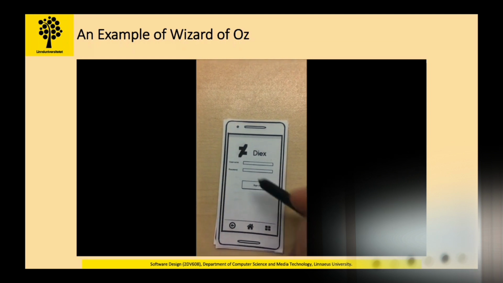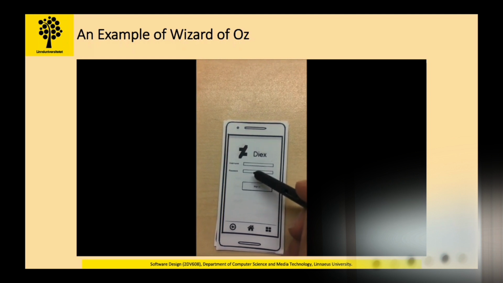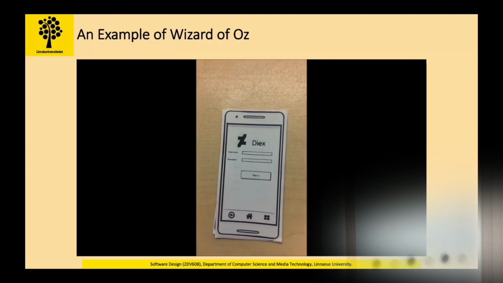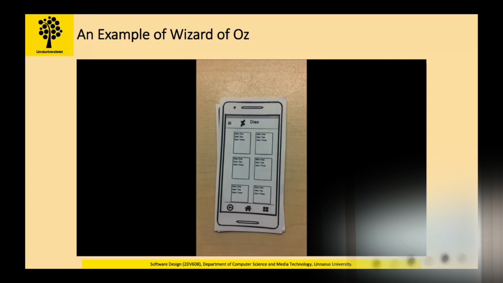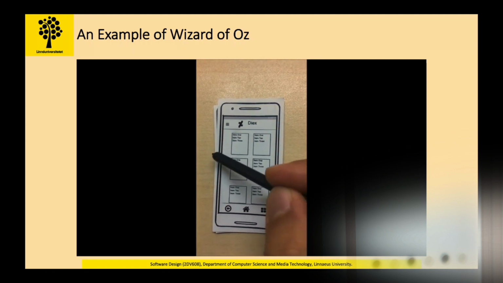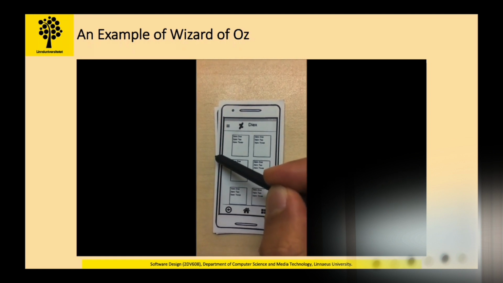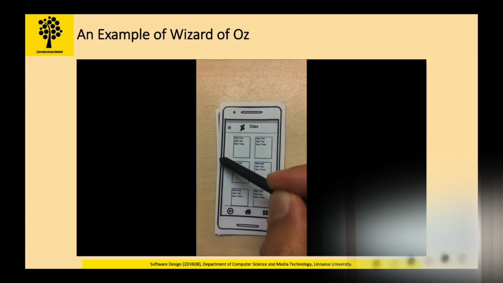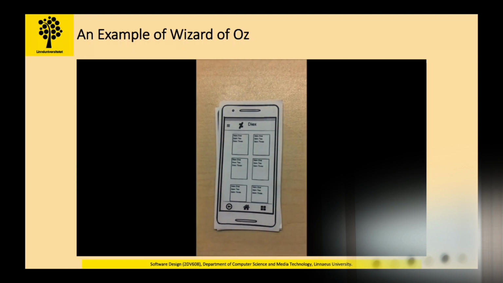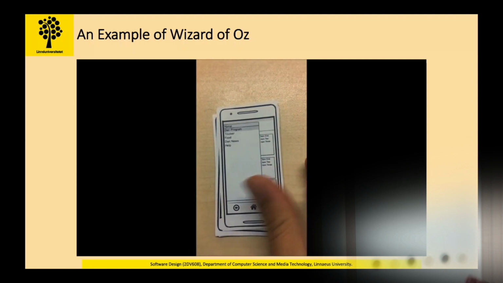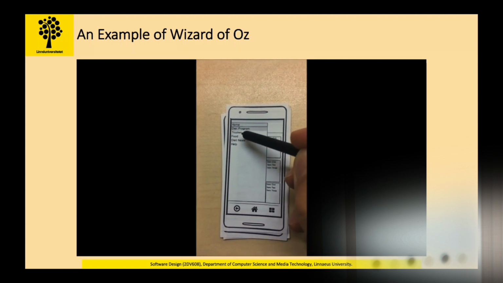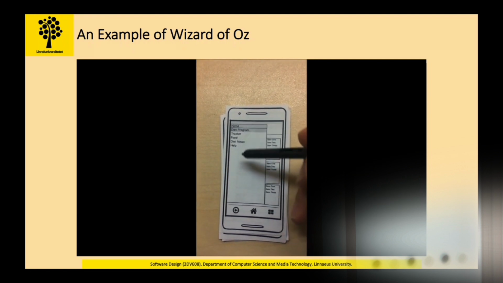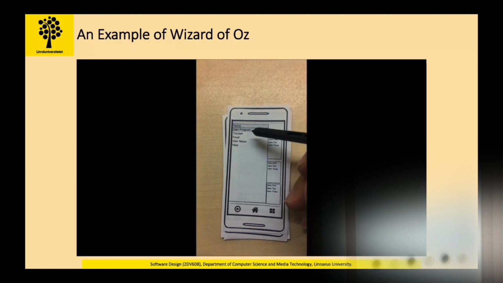The sign in page comes, just enter your username and password, then sign in, and the home page welcomes you. And we have a side panel. If we drag our finger from the edge to the center, then we see it. So this is the simulation of the side panel. We have many items here, and we go over them one by one.